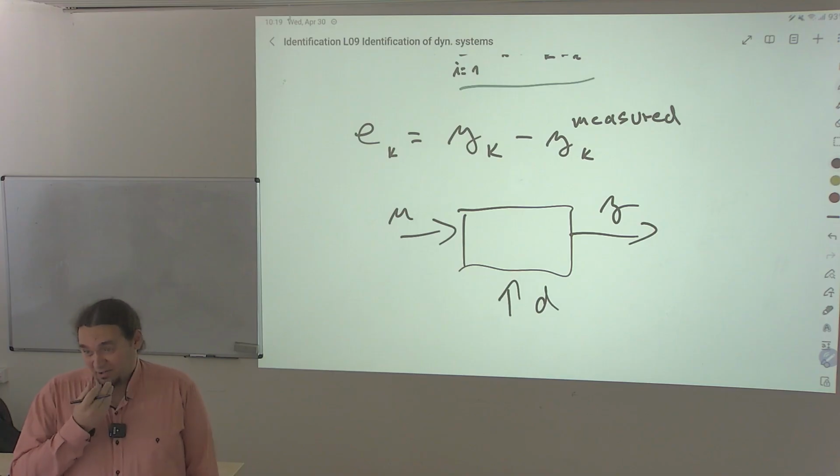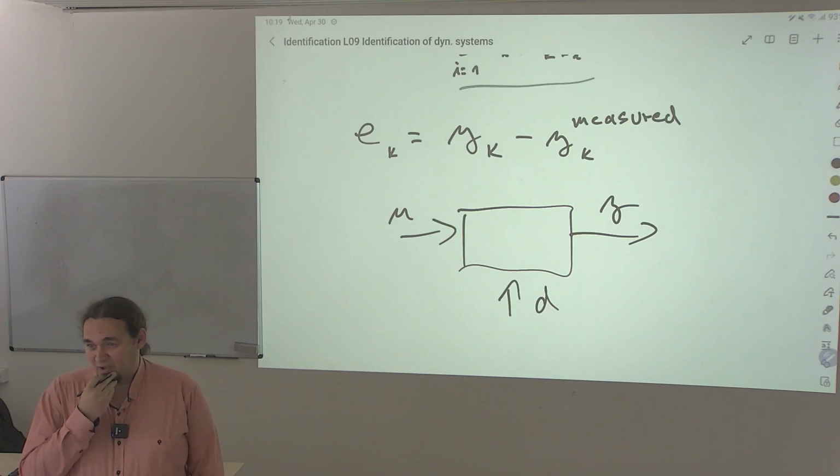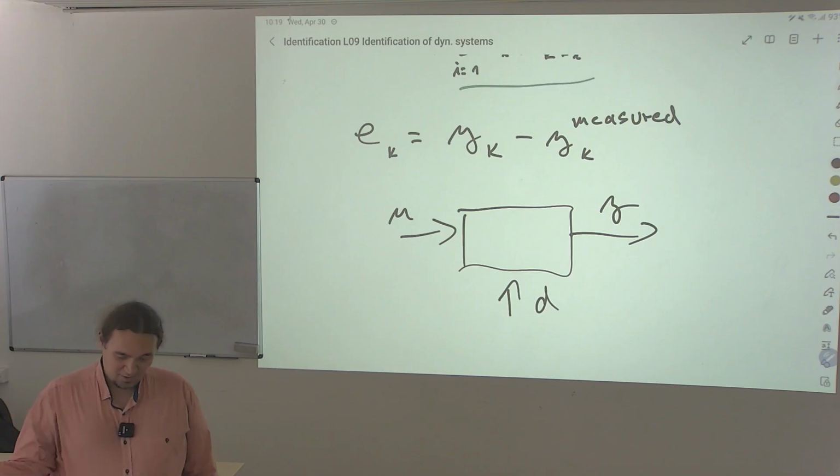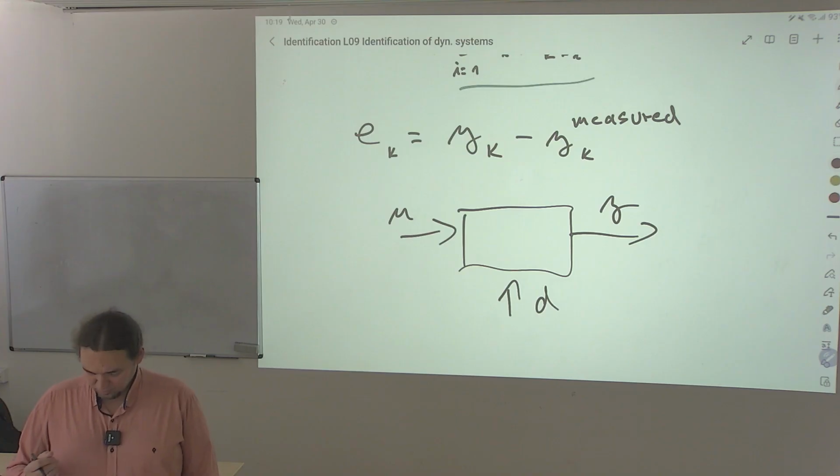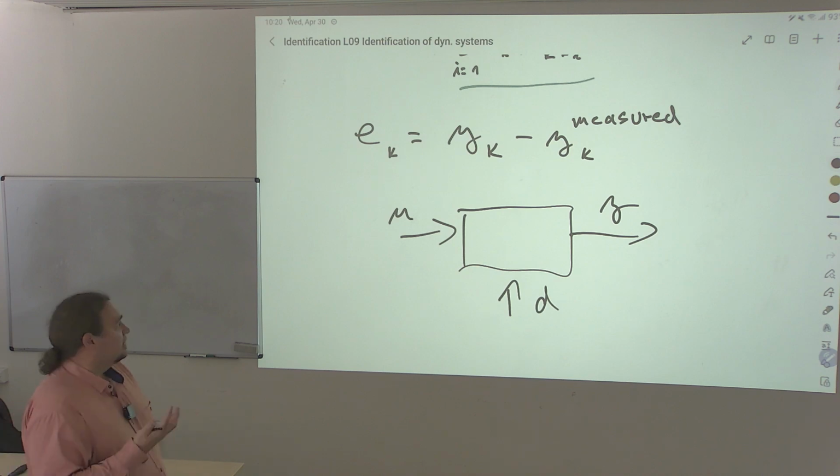If the disturbances are not measured, nobody will tell you that suddenly we are operating the reactor at different conditions because we have a different quality of the feed to the reactor.